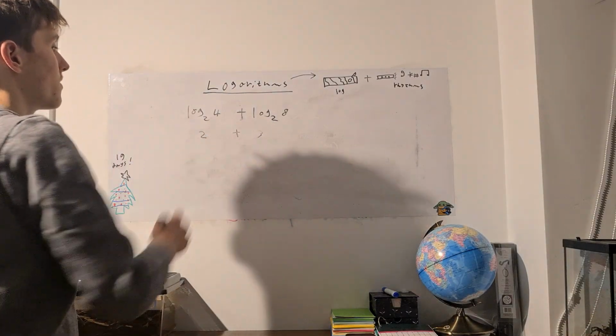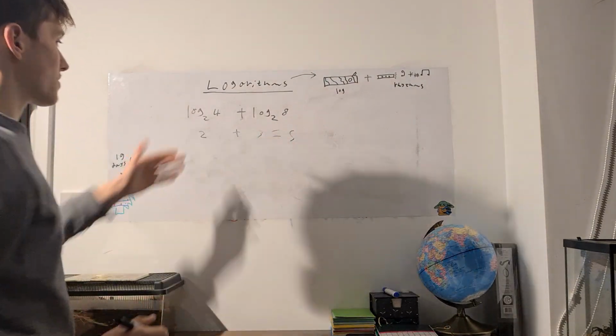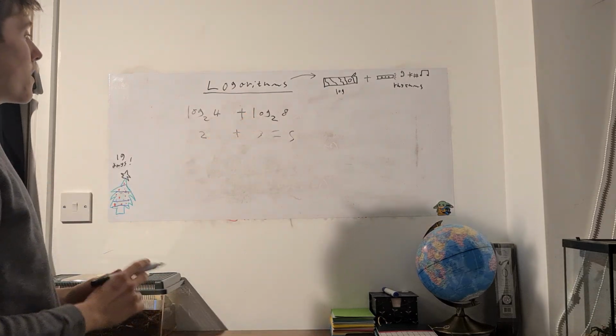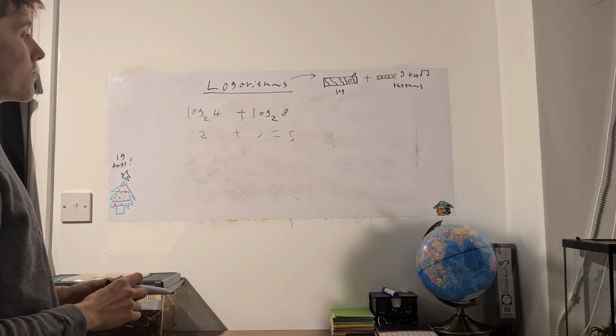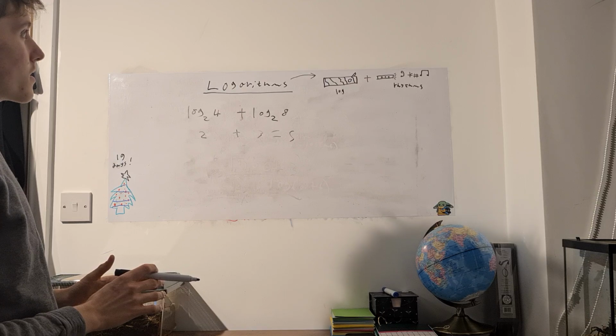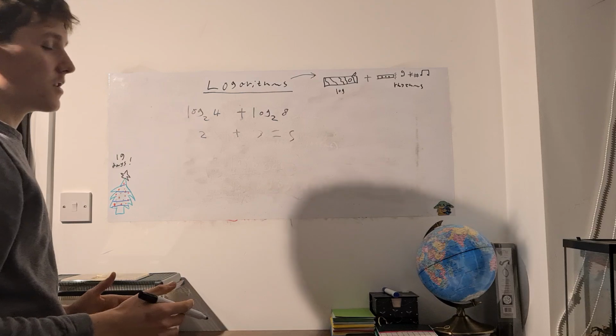So you have 2 plus 3 equals 5. That's all that's equal to, 5. You can follow that, it's fairly simple. But there's another way to do it, right?